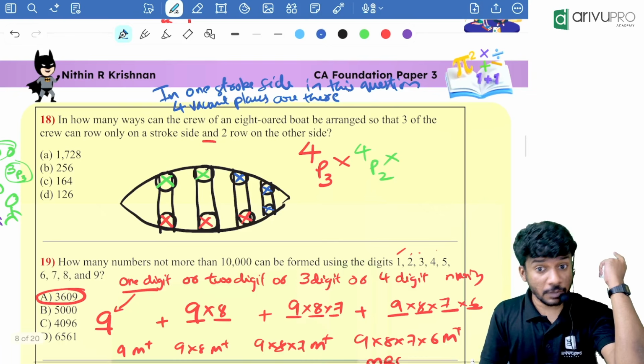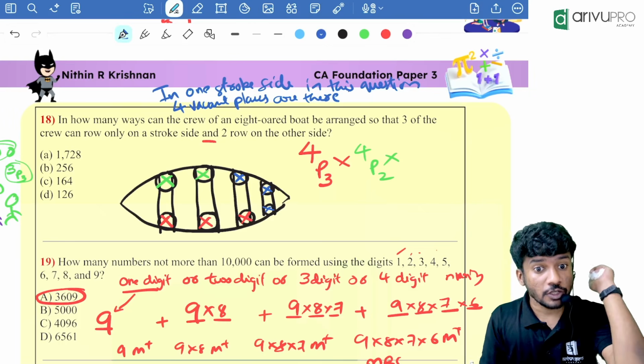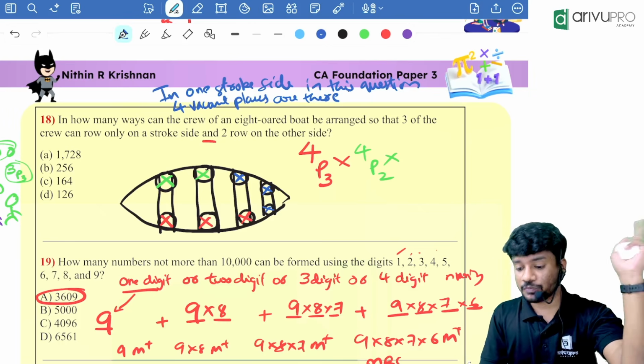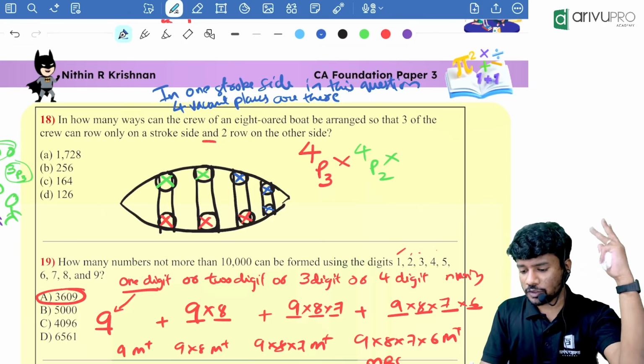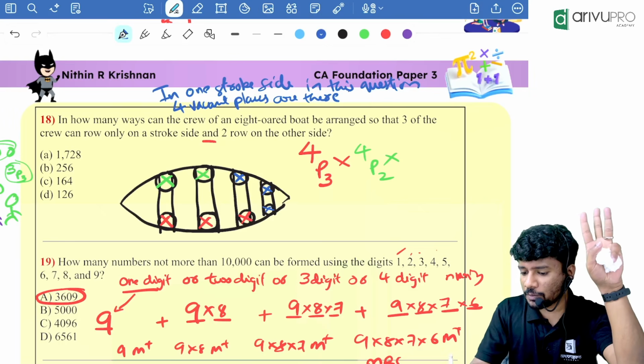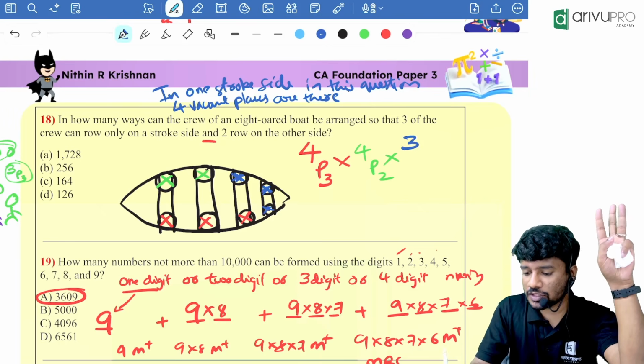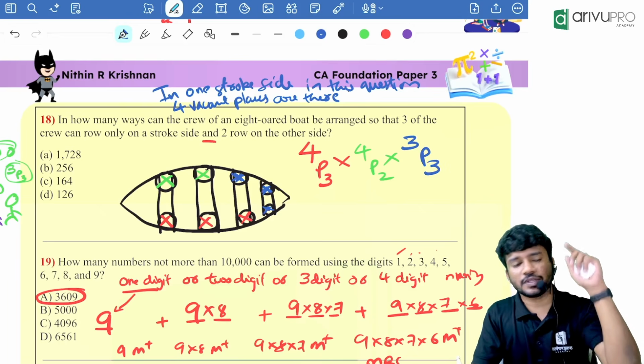Can you keep the remaining seats vacant? It is not possible. So how many people are remaining? 8 people are there in total. 5 people already sat. 3 people are remaining. They can sit in how many places? 3 more places are remaining. So 3p3. That's how it became.